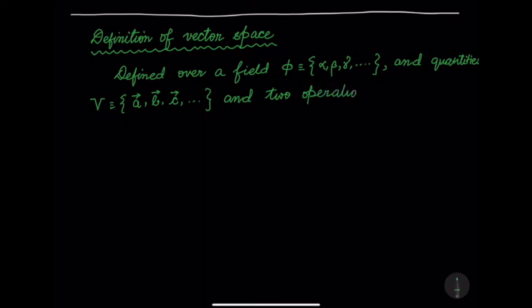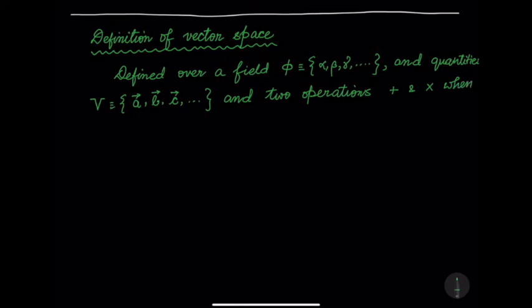To define a field also you need two operations. So these two operations, one we will call addition and the other I will call multiplication. And these are the backgrounds, these are the players.